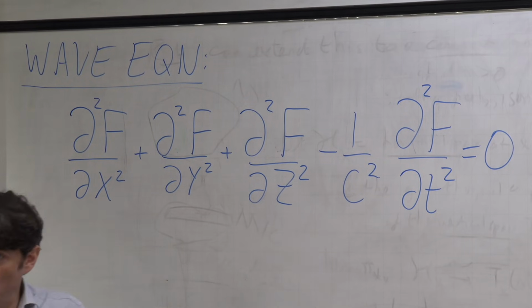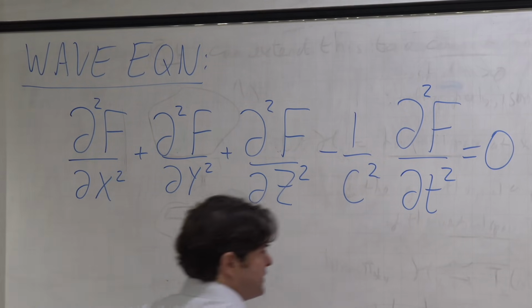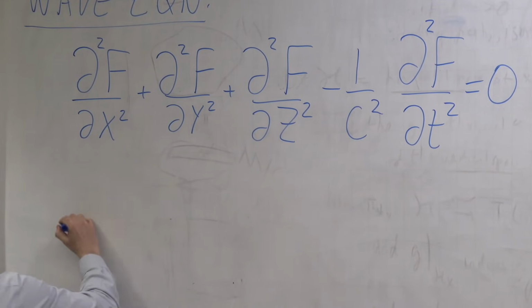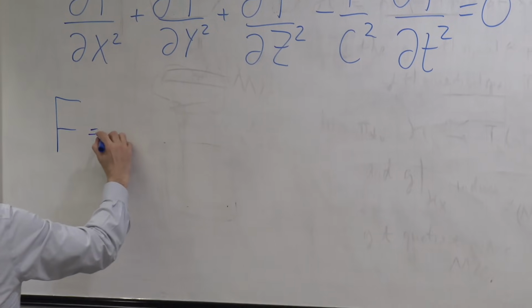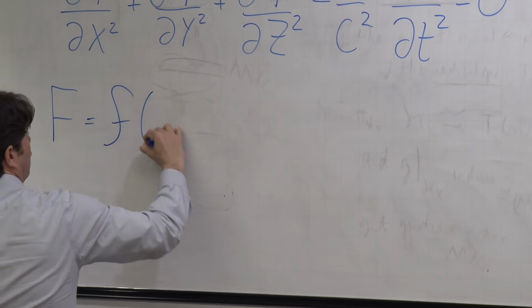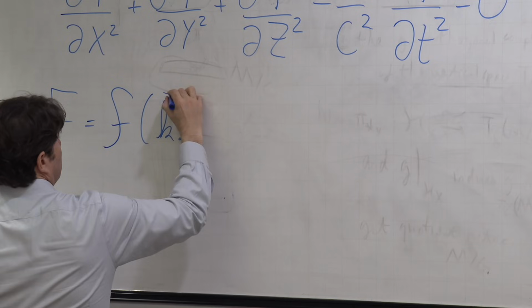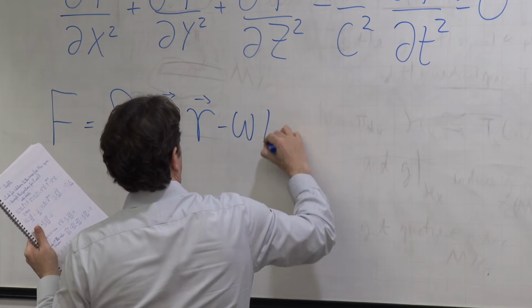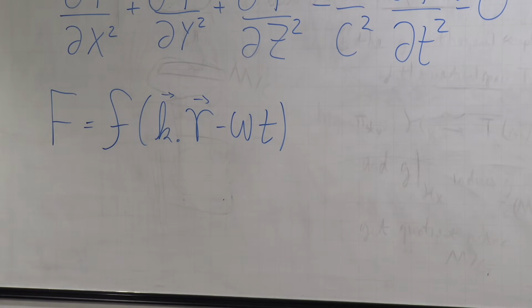So the first thing we can try, and you have seen this in Fourier already in 1 dimension, is we try f equals a function of k dot r minus omega t, okay?